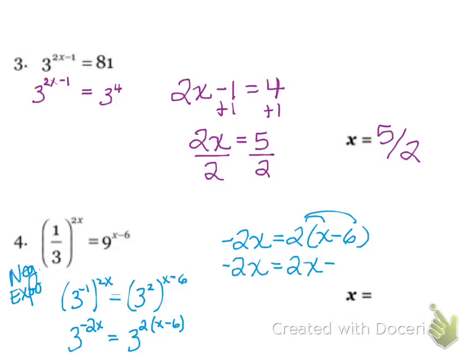And we get 2x minus 12. If you add 2x to both sides, you get minus 4x equals negative 12. When you divide by negative 4, you get x equal to 3. So again, this is using the uniqueness property.